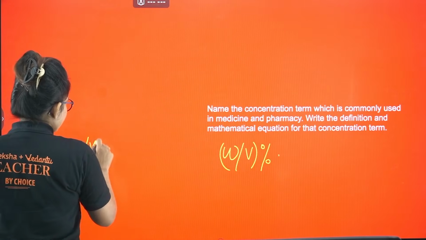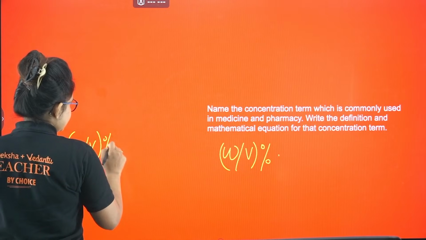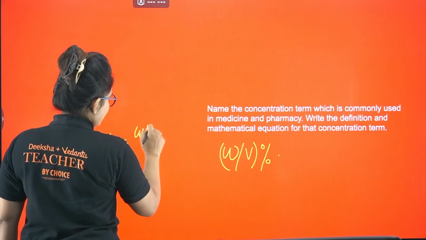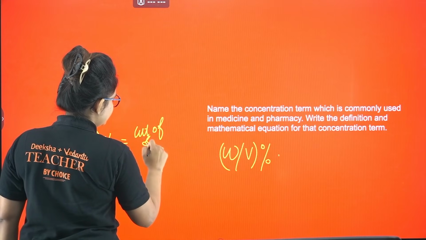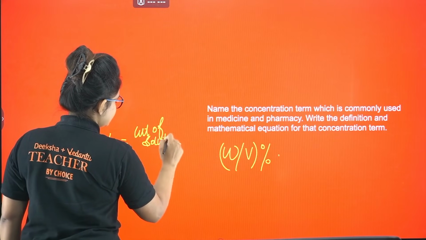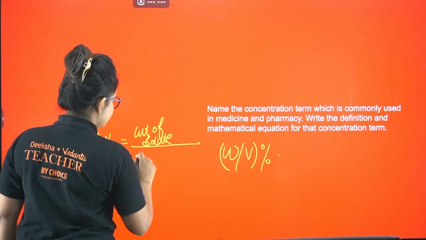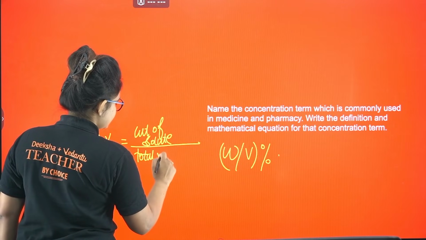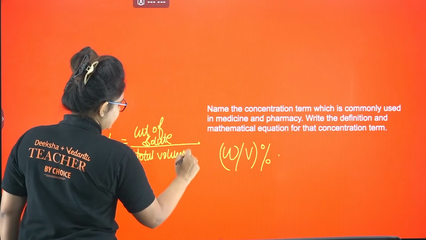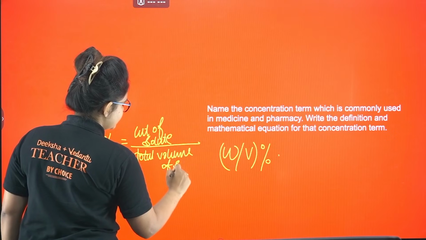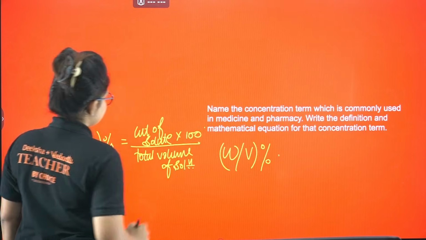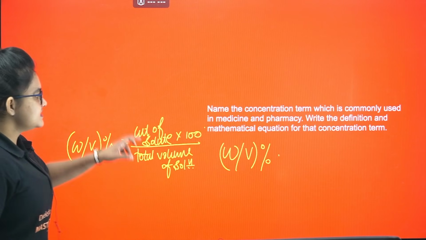Weight by volume percentage can be defined as weight of solute present in total volume of solution into 100. Okay, that's it. I guess it's clear.